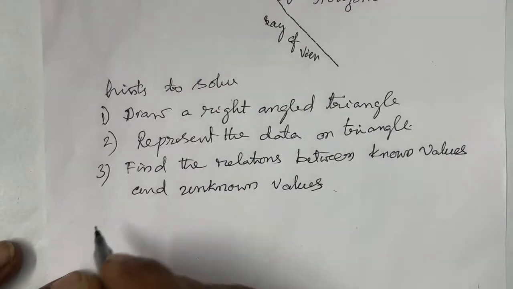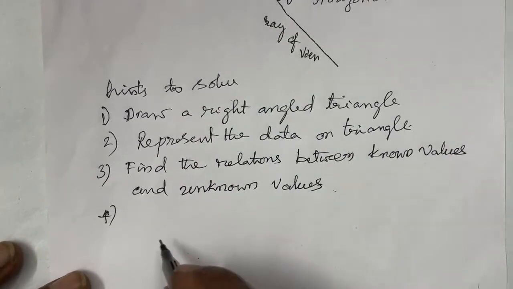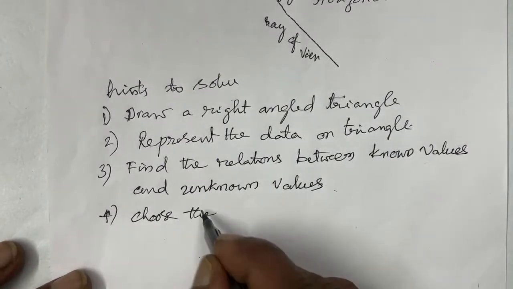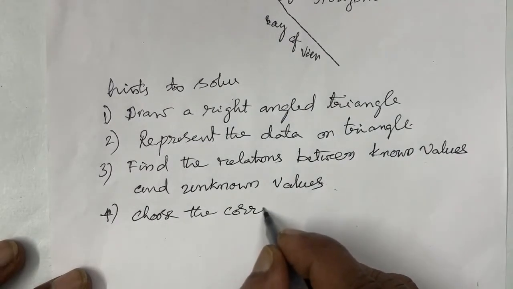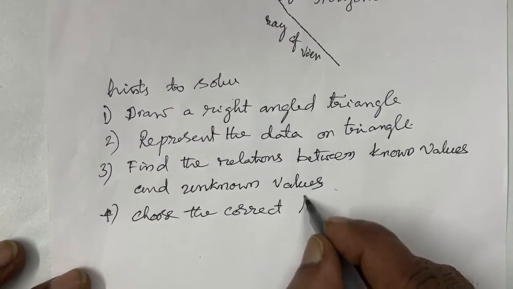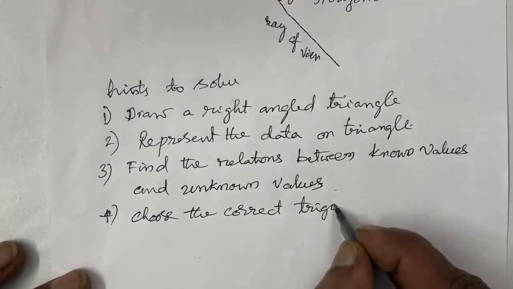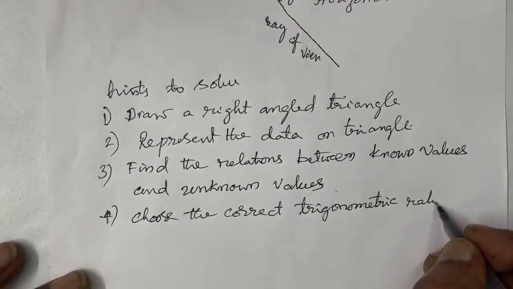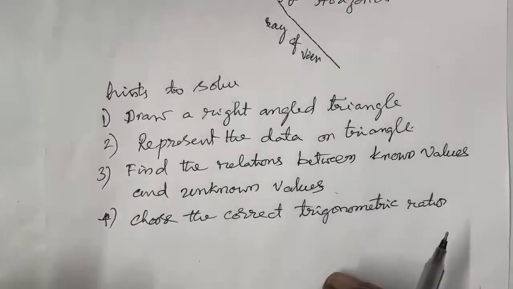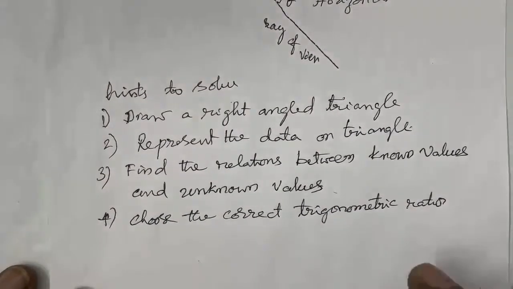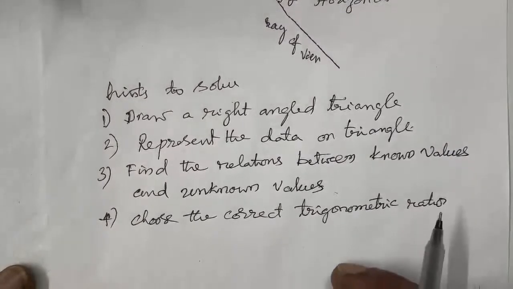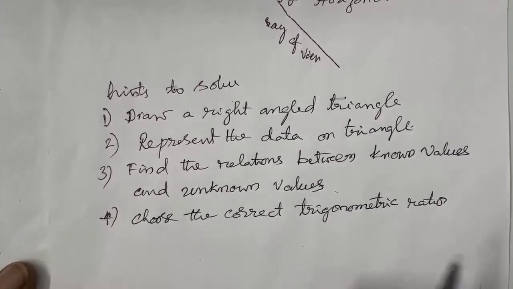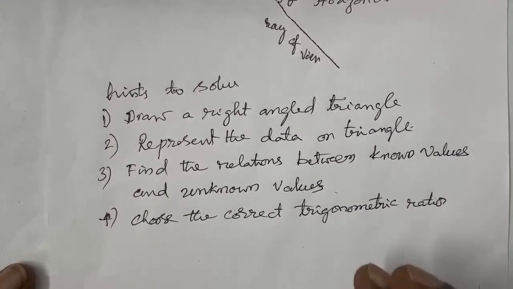The fourth hint is to choose the correct trigonometric ratio. That means whether you have to take sine, cos or tan theta, you have to decide the right one.